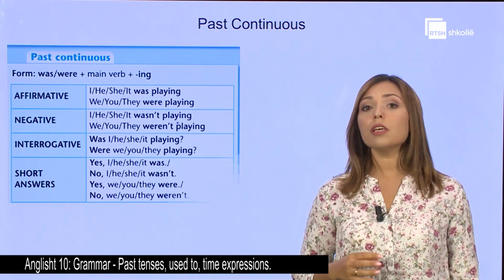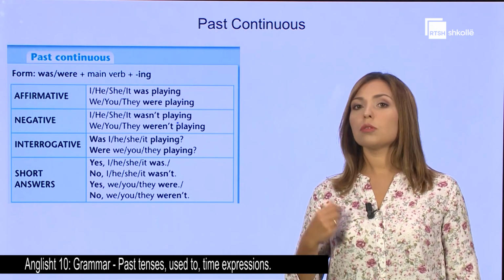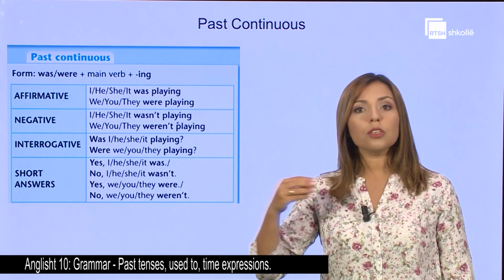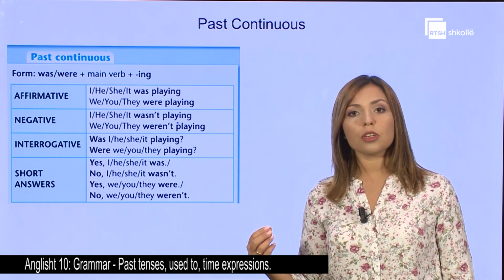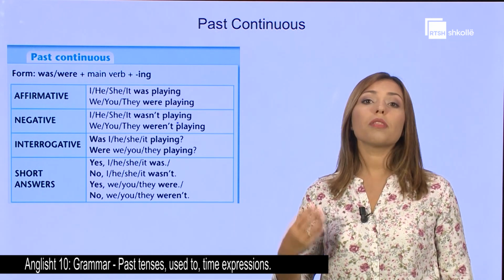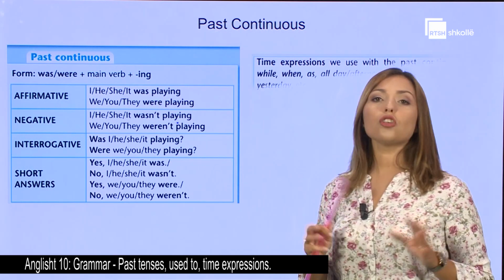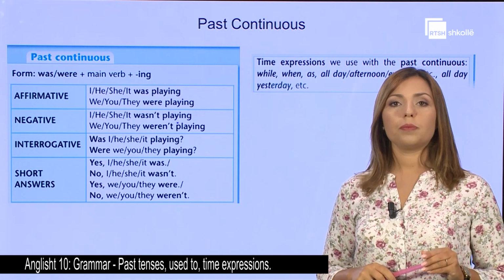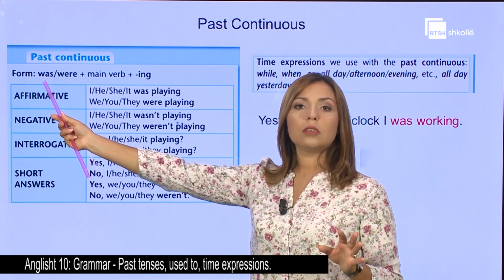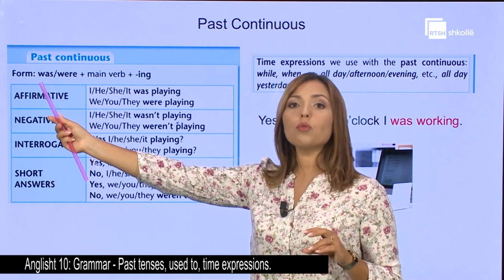Whenever you hear a continuous form, past continuous, present continuous, it means that the action continues, has a duration. And if it has a duration, it is always with an ing form. So, past continuous. I was. So, we have the verb to be in the past. I was, you were.